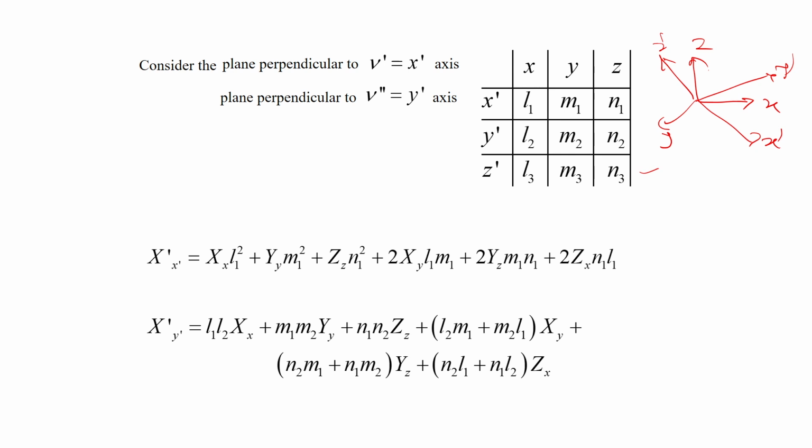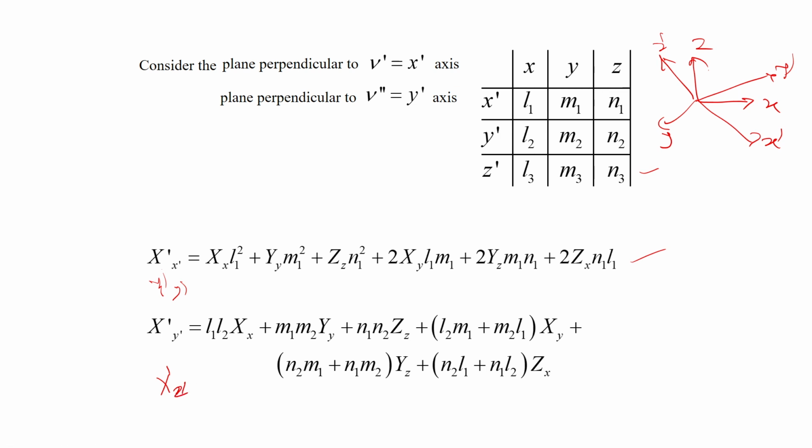We can therefore write down this particular equation, do this derivation, and finally get the equations for x dash x dash and x dash y dash. We can derive the other components also, like y dash z dash and x dash z dash, by using these general equations.